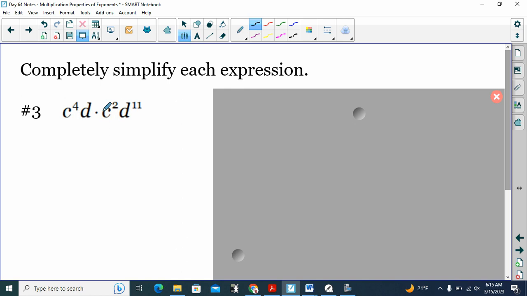I add the exponents when I multiply. 4 plus 2 is 6. C is to the 6th. And then the d's, I'm multiplying, so I add up those exponents as well. 1 plus 11 is 12. C to the 6th, d to the 12th. These two do not have the same base, so I cannot add the 6 and the 12. I just leave it as c to the 6th, d to the 12th. The base of the exponent is not the same.